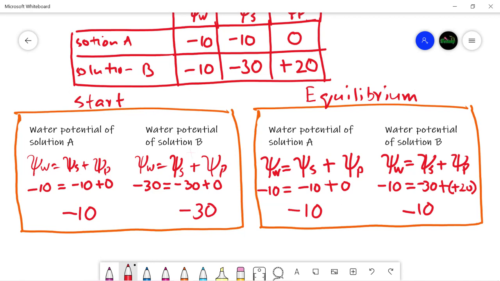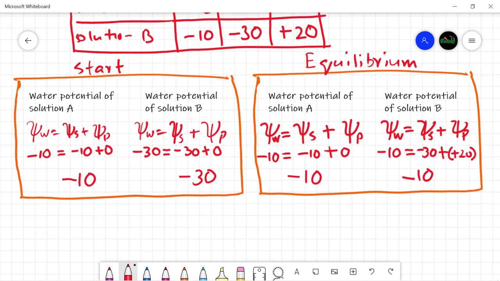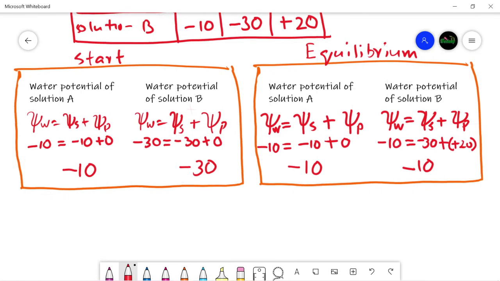After observing the whole experiment from start to equilibrium, we have seen that finally at equilibrium the water potentials of both the solutions are the same. So here we make the general statement that when two solutions of different water potentials are separated by a membrane that is permeable only to water molecules, then the water potentials on either side of the membrane will tend to equilibrate.